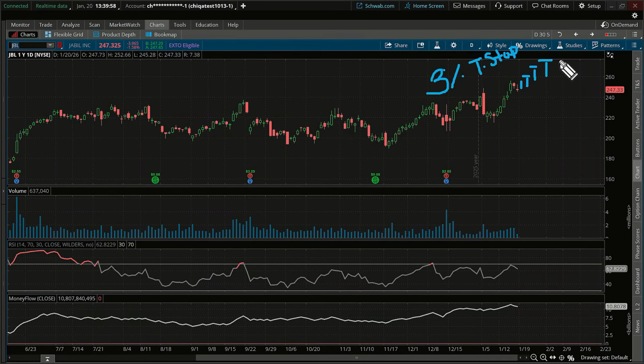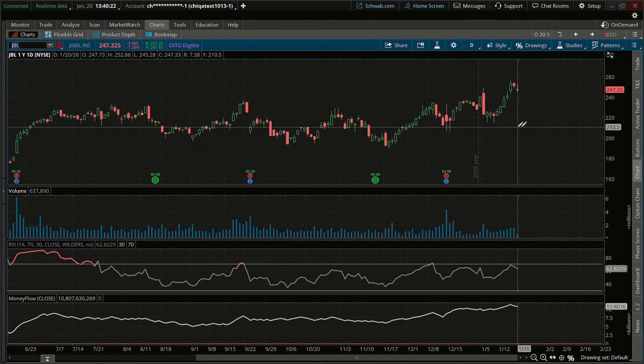It's simply taking 3% off that high and measuring it down here. So a trail stop line could look a lot like this. It's just following it up. Do you see that? It looks a lot like following up with a moving average, but you could have a trail stop in there. Now, you guys understand the difference between a trail stop and a trail stop limit, right? That would be a couple to keep in mind.